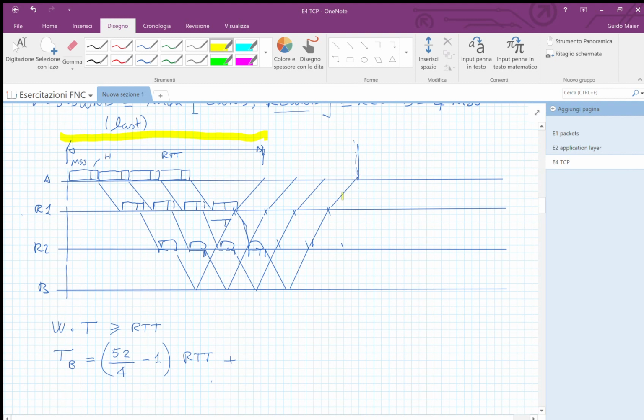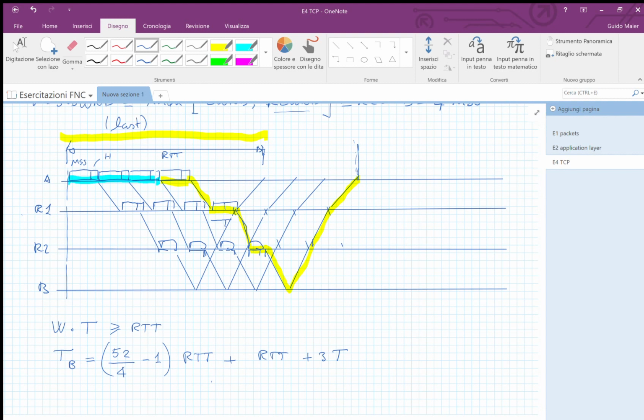So as usual, we can go down this way, then go up, and we arrive at that point. This is a round trip time again, this in yellow, and then finally we also have to add this segment, which is 3 times the transmission time of a single segment.